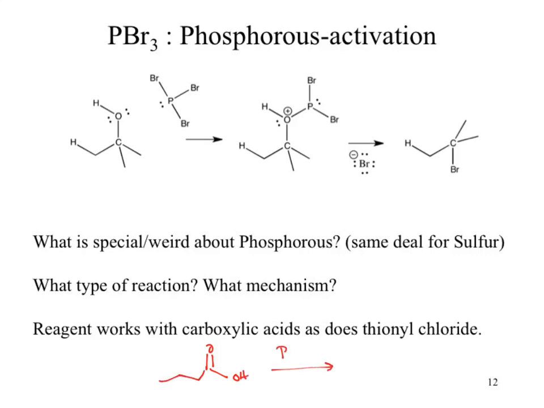If we add PBr3, we can then convert this into that species. So we can pull the full substitution, bromide for the OH. Okay? Do we need to worry about stereochemistry with this example?